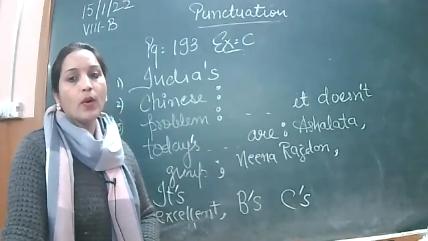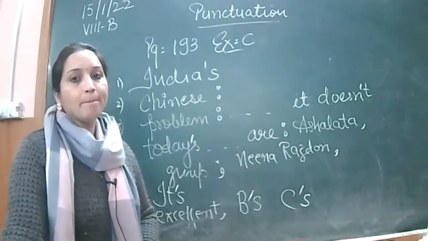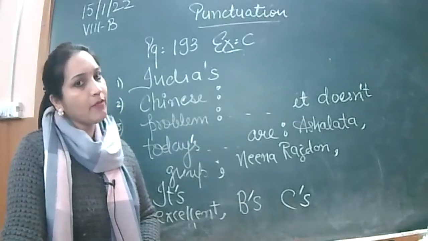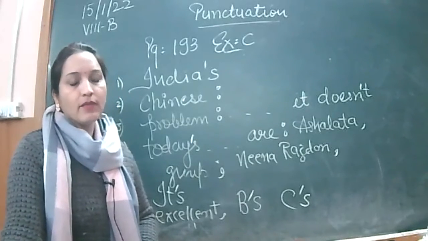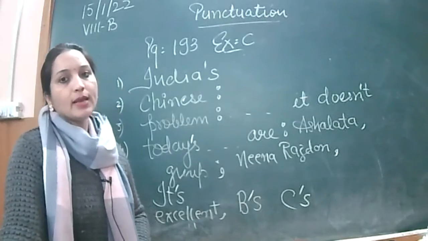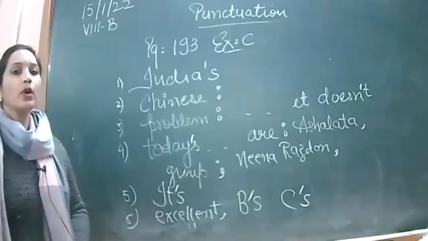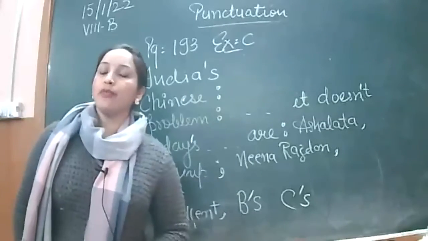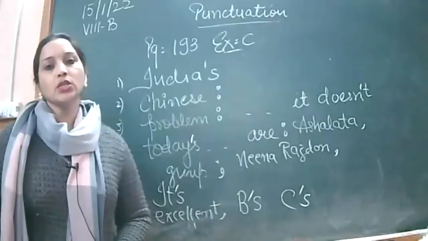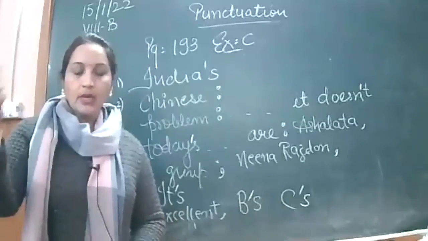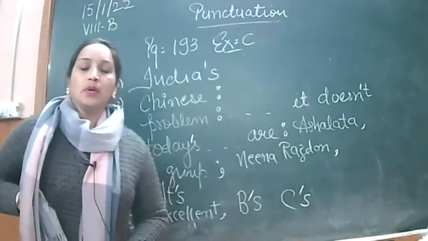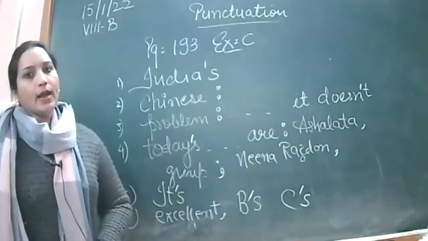So you will be doing only exercises A, B and C. A and B we did the day before yesterday, and exercise C we did today. So you will do the 3 exercises in your book as well as in your fair notebook, and it will be thoroughly checked. Whenever you put any punctuation marks, use a separate color, a sketch pen or another pen.